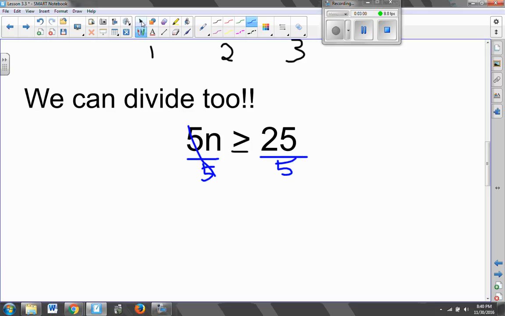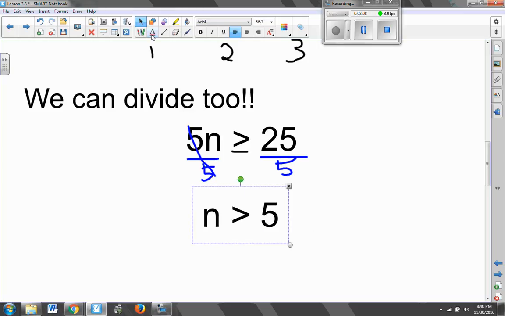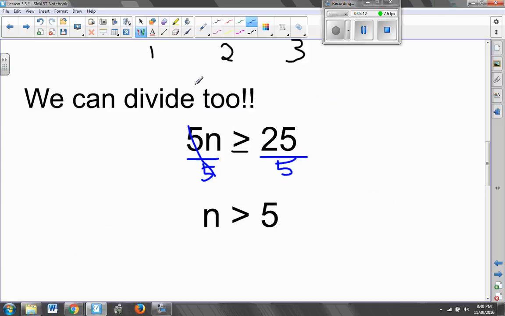Divide both sides by 5, and I'm left with n is greater than or equal to 5.